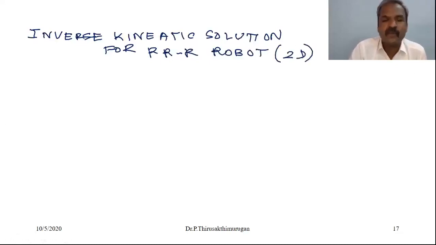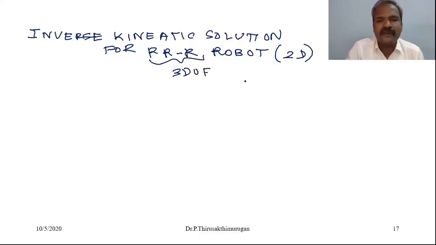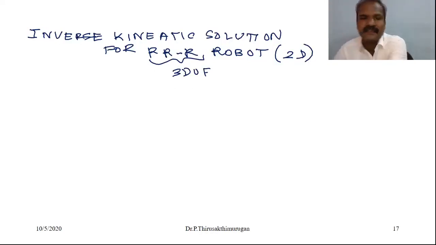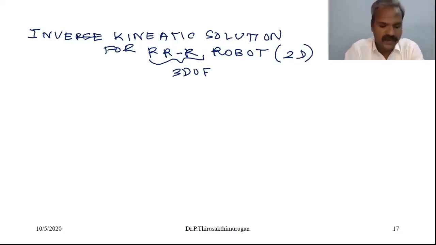DOF means degree of freedom. So this is 3 degree of freedom robo. So what is the solution? Please do it. I consider this x and y alone as x3 equal to x1 minus x2. Clear? So what is the solution? Please find out.